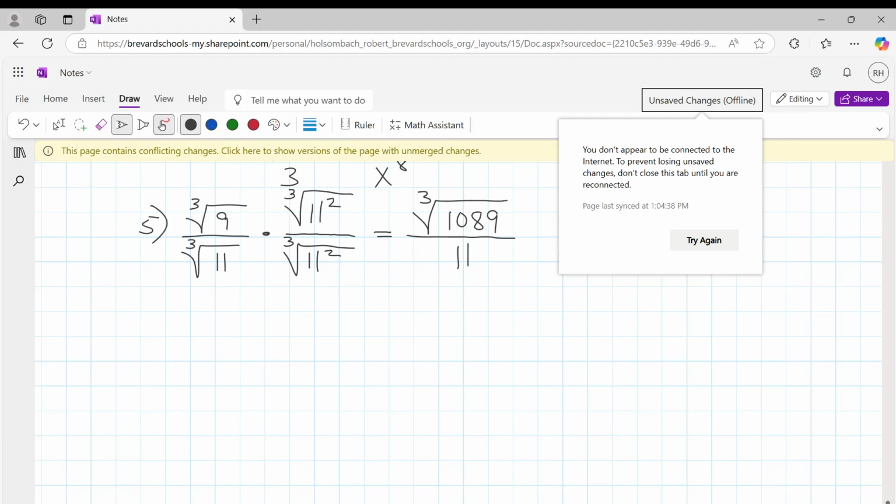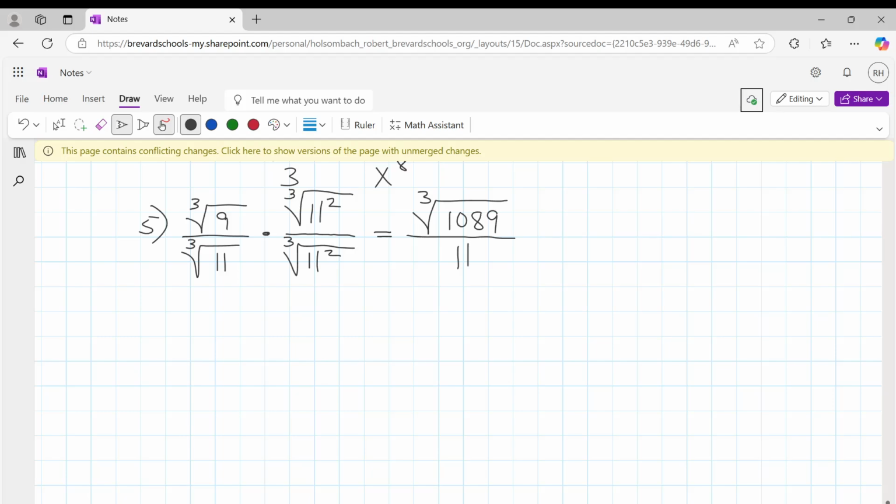So that is your simplest form. 1089 doesn't have any perfect cube factors. No perfect cube goes into 1089 evenly.